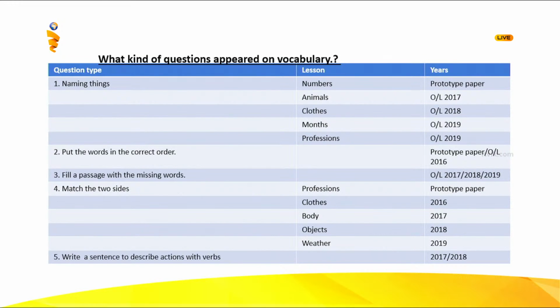This slide will explain to us different question types that are used in the O-level paper to test your vocabulary. We can identify basically 5 types of questions: to name things, put the words in the correct order, fill a passage with the missing words, match the 2 sides, or write a sentence to describe actions with verbs.